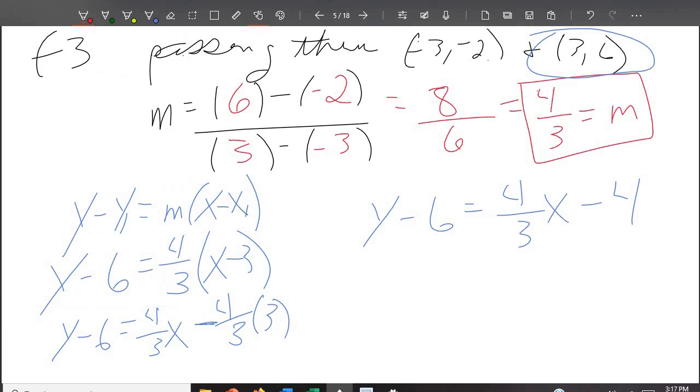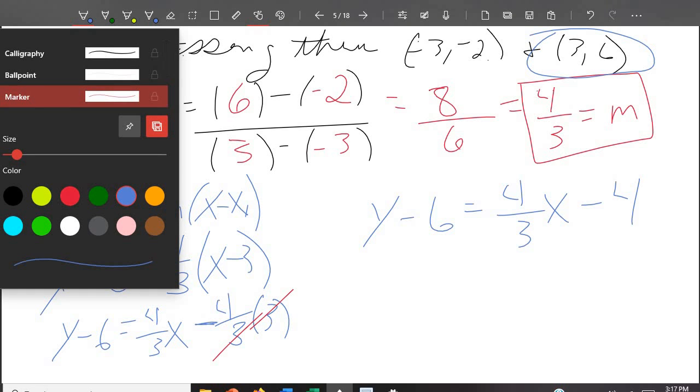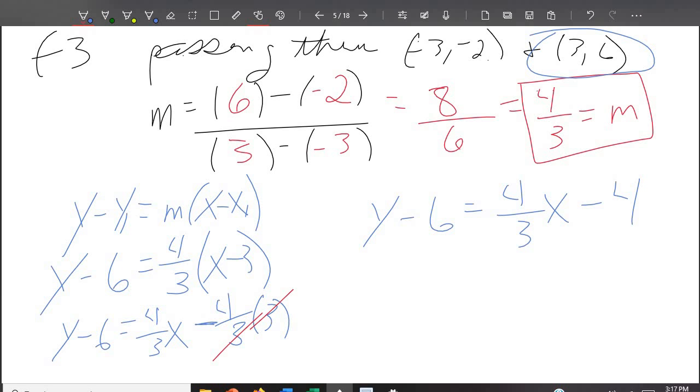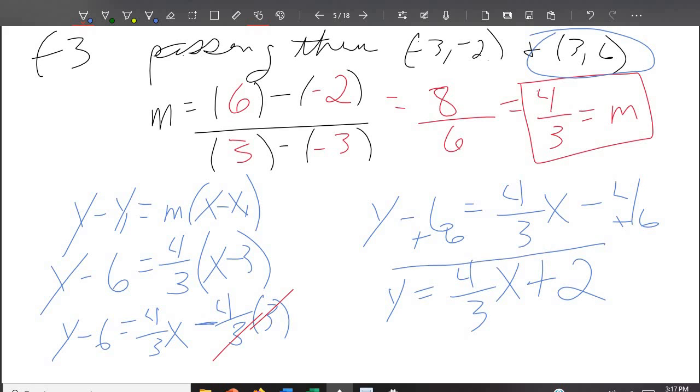Remember, you're dividing. 3 goes into 3, cancels itself out. Now, we're going to add 6 to both sides. And we'll get y equals 4/3 x plus 2.